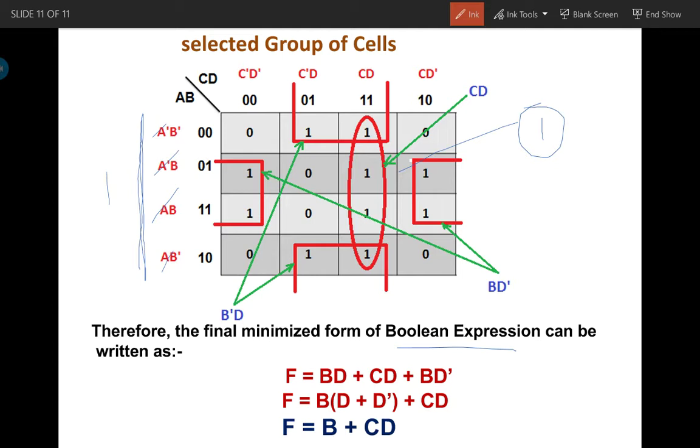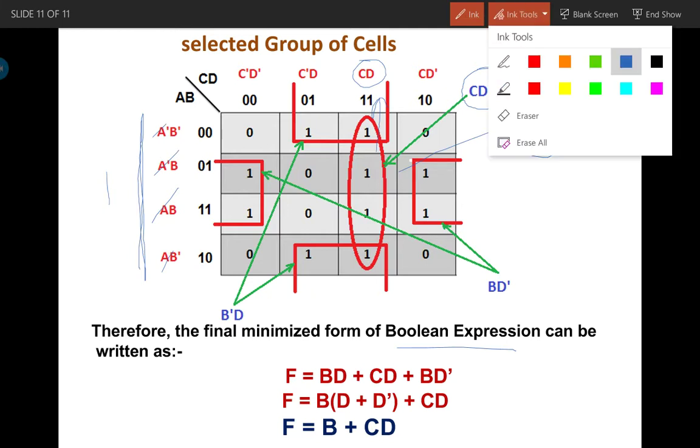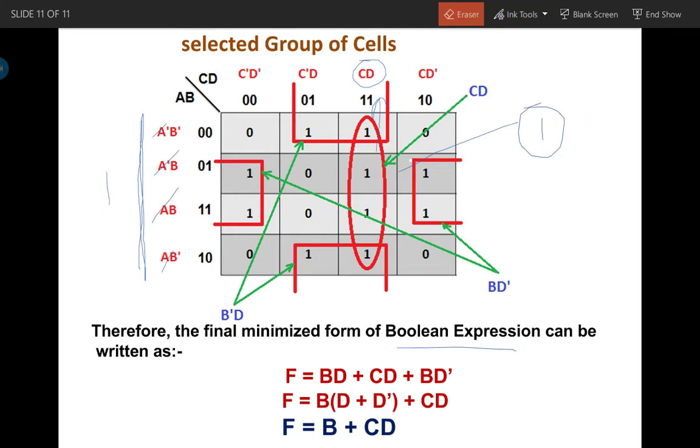You note down here that if all the cells on either side are covered by a group, then it makes a term as 1. Now what remains on the vertical side? Vertical side it covers only a single cell with the expression CD. So ultimately we write the product term as CD. Right? So CD dot 1 is ultimately CD. So the product term for group number 1 will be CD.